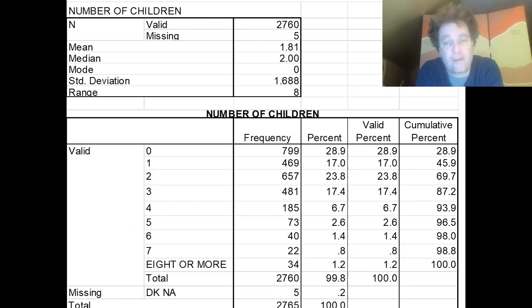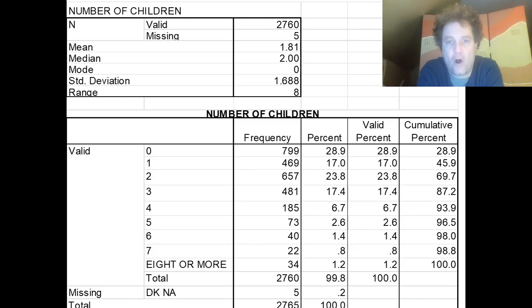First we need to ask, what's the mode? The mode is the most frequent, and that's actually 0. So most people don't have a child, 28.9%. But now we want to know the mean: what's the average number of children an American would have?